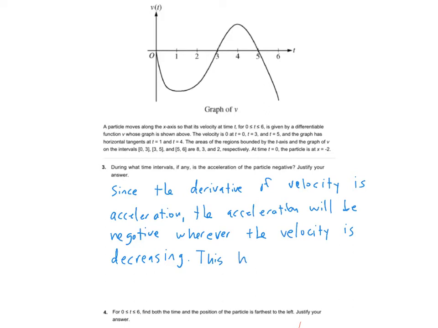This happens on the intervals: velocity is decreasing from 0 to 1 and from 4 to 6. Okay, that's it.